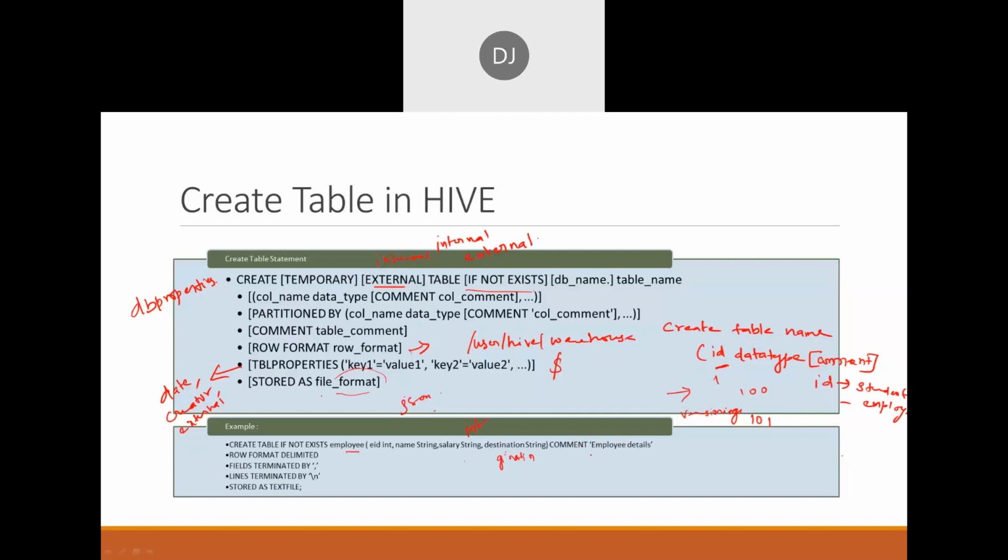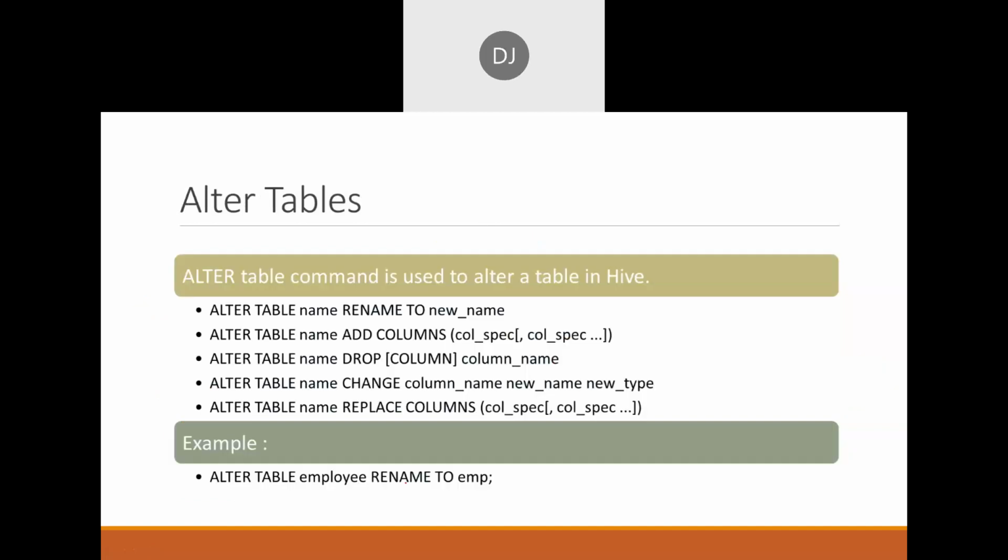This is actually written wrongly as destination; it should be designation. And in the comment you can write employee details. And row format, you are saying that all the fields, meaning every column, are separated by comma, each line is separated by the newline character, and it is stored as a text file. Likewise you can give. This is an example for creation of a table.